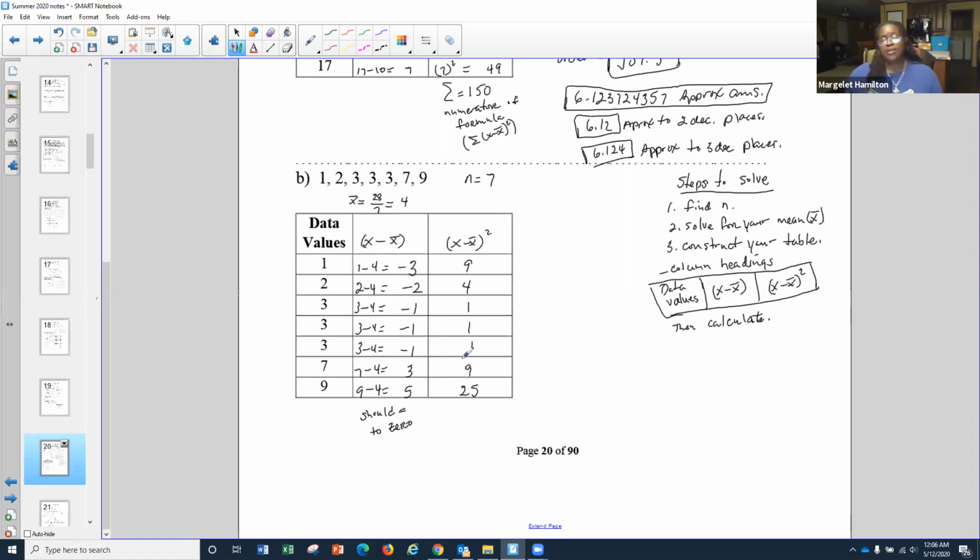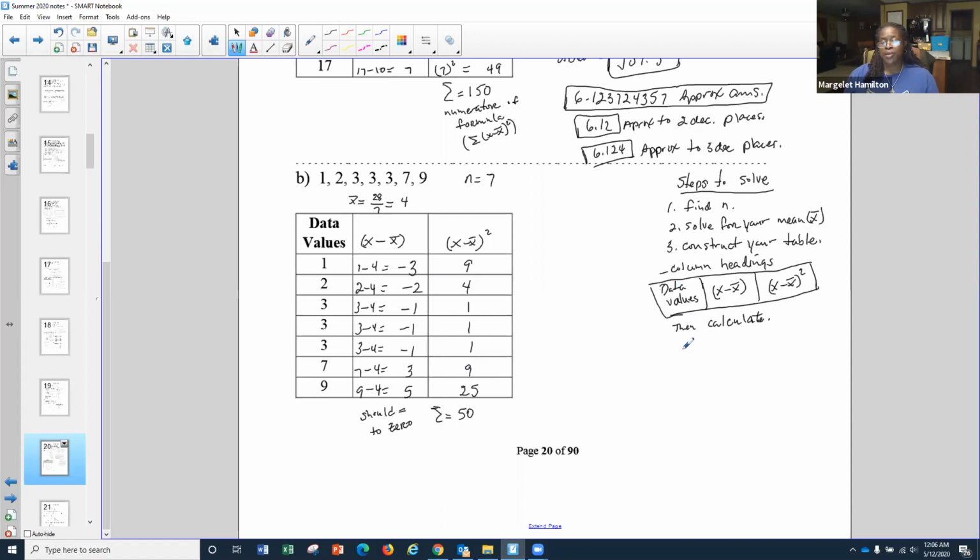All right, so now we want to add these things up. So the sum equals 50. So now we have our missing information. We got it all now.